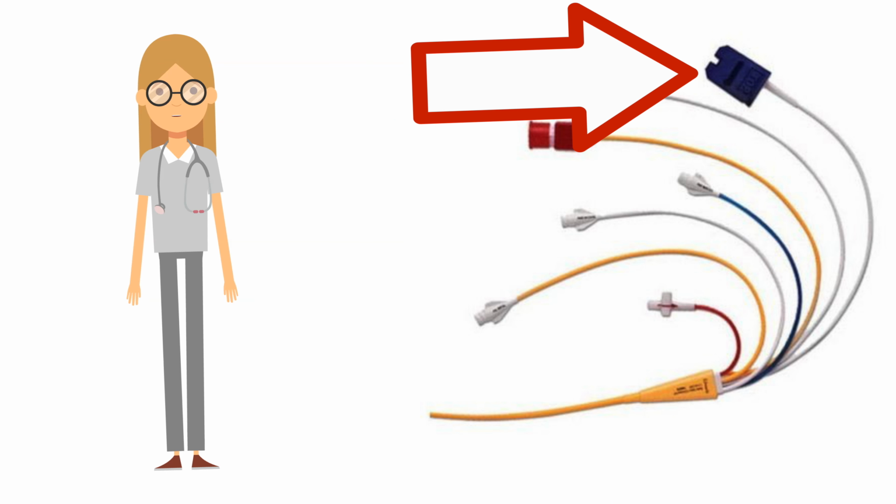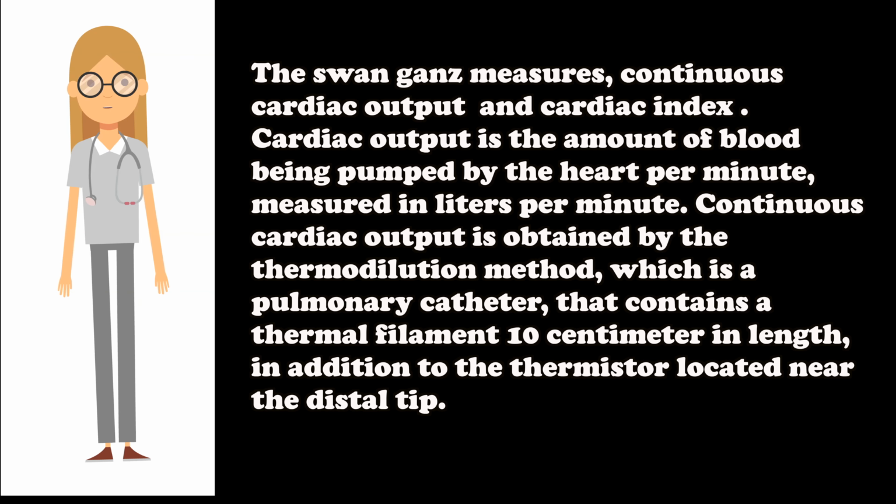The thermal filament connector attaches to the optical module for displaying continuous mixed venous oxygen saturation, or SVO2. The Swan Ganz measures continuous cardiac output and cardiac index. Cardiac output is the amount of blood being pumped by the heart per minute, measured in liters per minute.